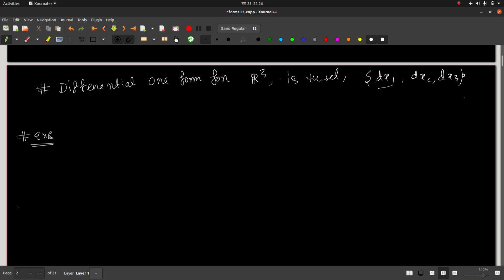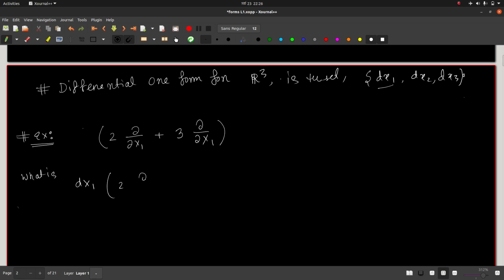Let's say I give you a quantity like this, 2 dx1 plus 3 dx1, and I want you to compute dx1 acting on 2 times partial x1 plus 3 times partial x1.